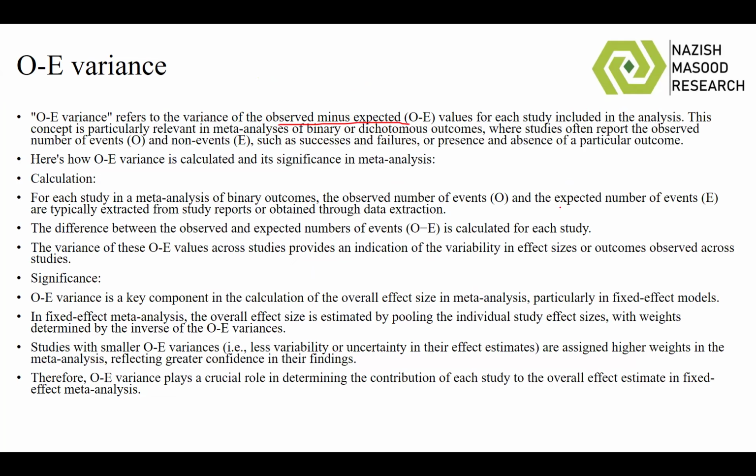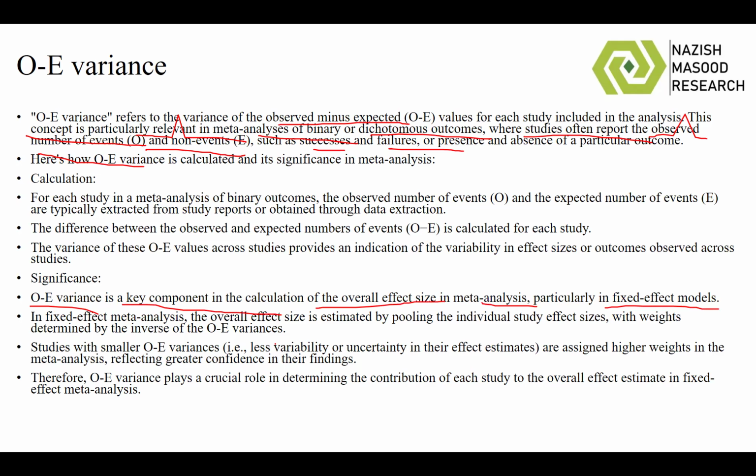And what is that? The concept is particularly relevant in meta-analysis of binary and dichotomous variables, where the studies often report the observed number of events and non-events, such as successes and failures. The observed and expected variance is a key component in calculating the overall effect size in meta-analysis, particularly in the fixed effect model.